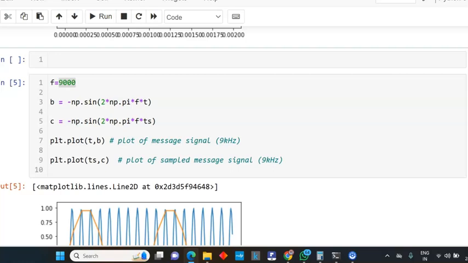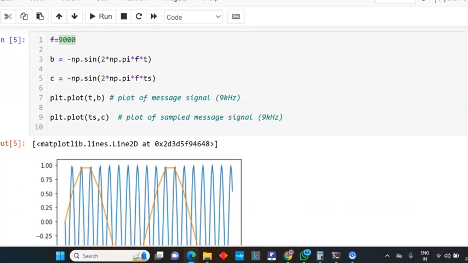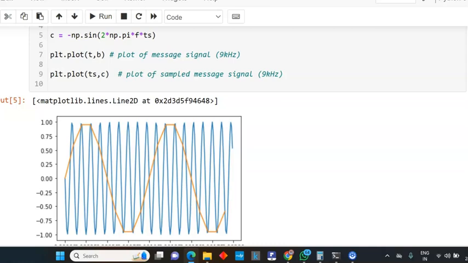F into TS, that is clipping. At 9 kilohertz the clipping is very visibly noticed. So this is the way of proving the sampling theorem in the time domain. That is, the lower the sample rate, the more the distortion.